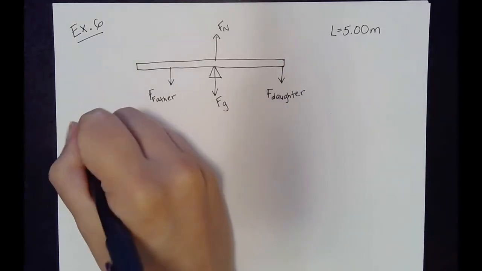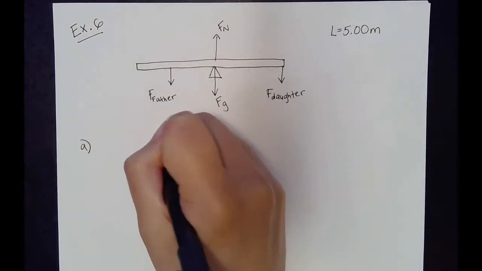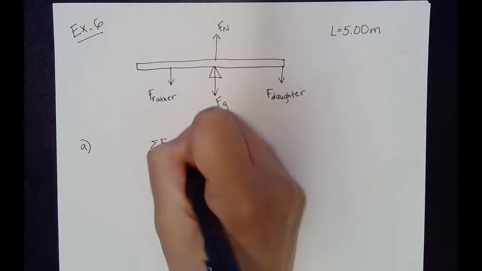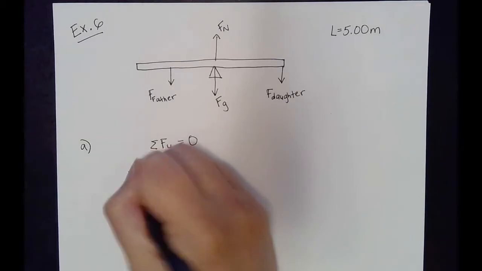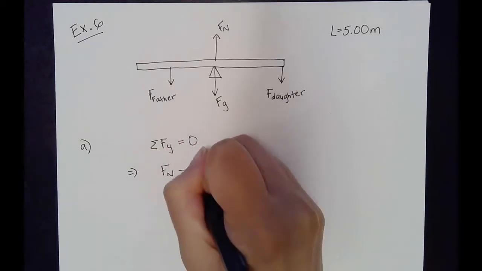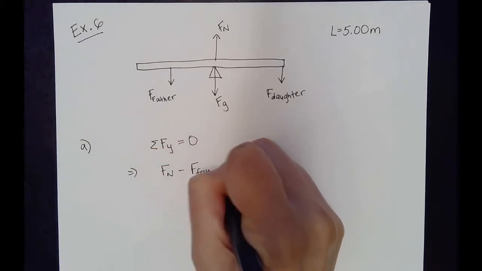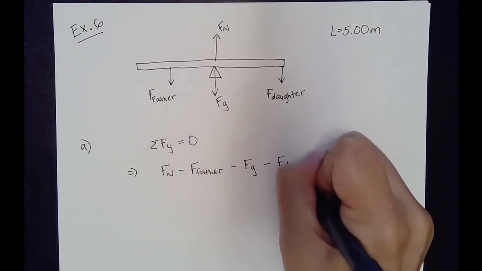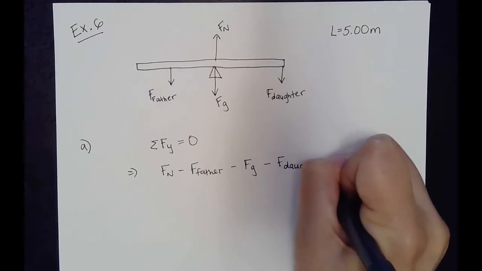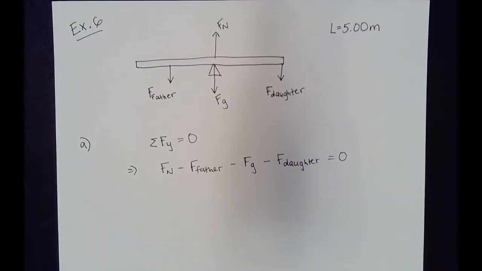Let's use the first condition of equilibrium, that the net force, specifically in the y direction for this problem, is equal to 0. So we have Fn minus the force of the father minus the weight of the beam minus the weight of the daughter equals 0.